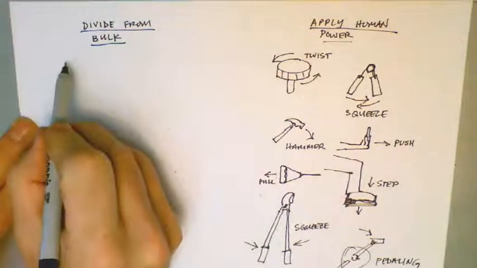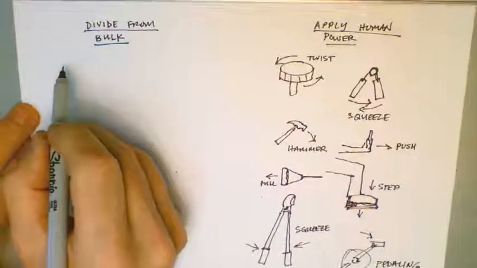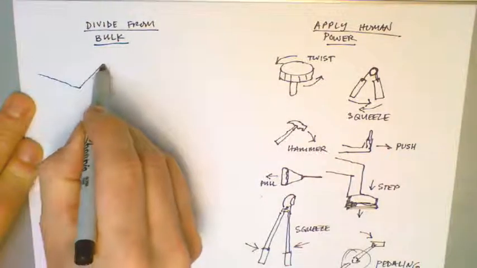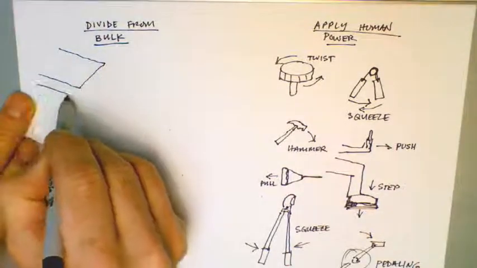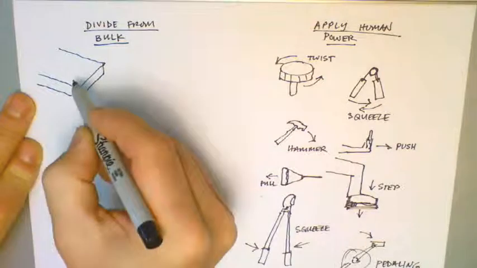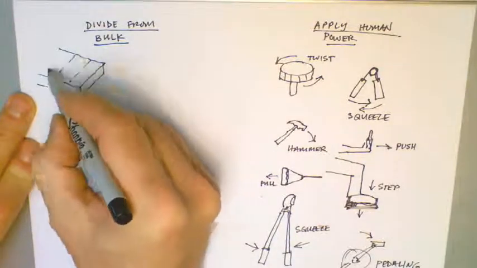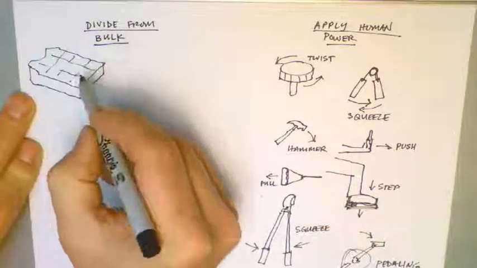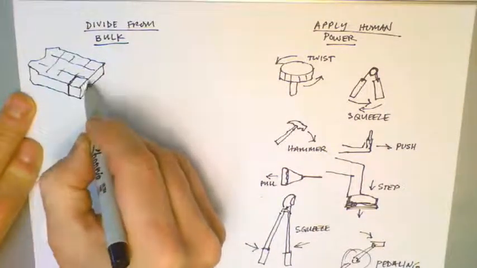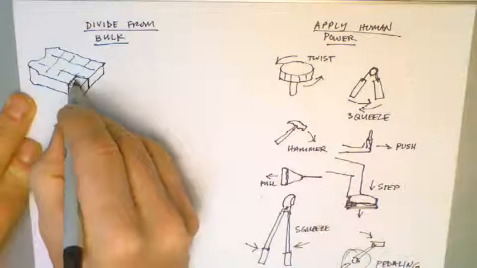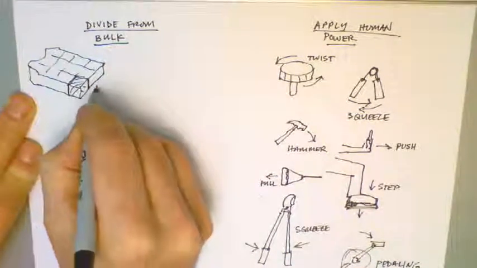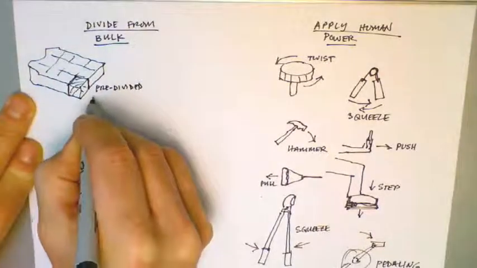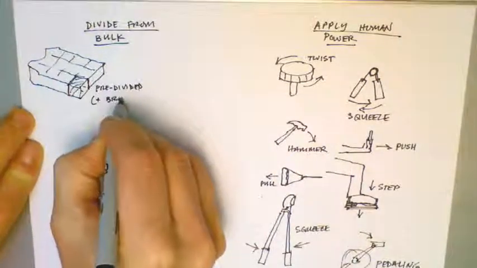Okay, so now let's do the same thing over dividing from bulk. What are ways that things are divided from bulk? You might imagine a bulk sheet of material and imagine that it's perforated, and so I'm going to call that pre-divided, and break maybe.